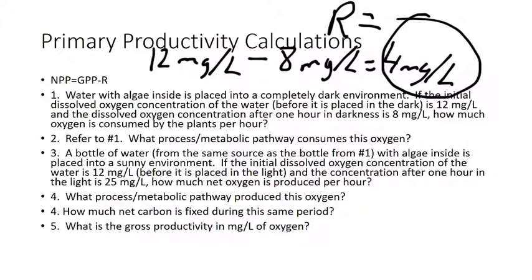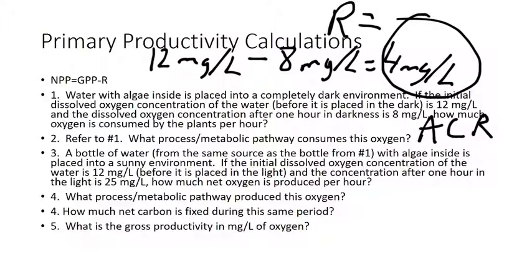We might think of the Calvin cycle as a metabolic pathway. The Krebs cycle. We might think of cell respiration itself as a metabolic pathway. We might think of digestion as a metabolic pathway. In this case, the process that's using up that oxygen is aerobic cellular respiration. So I'm just going to write ACR, aerobic cell respiration.